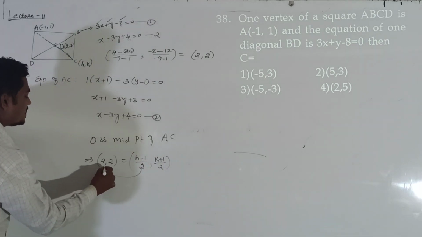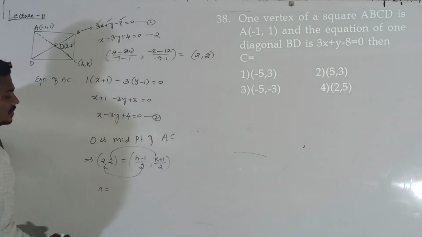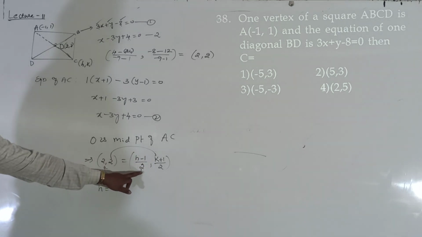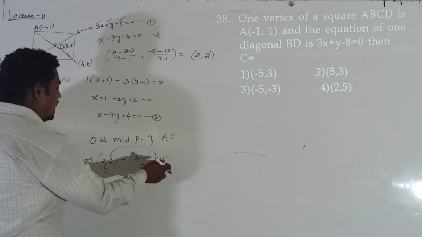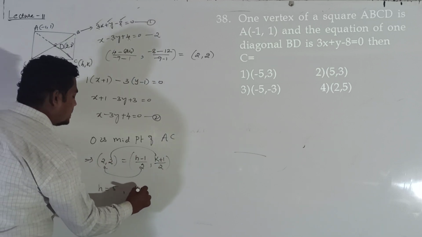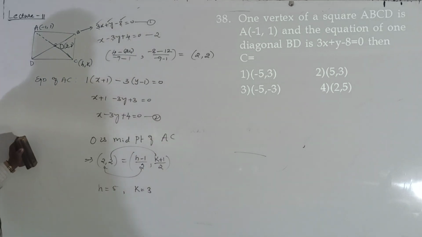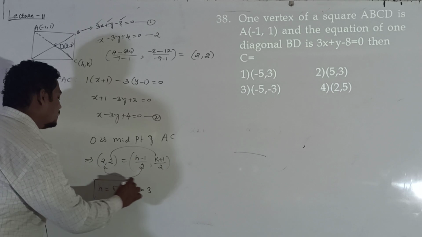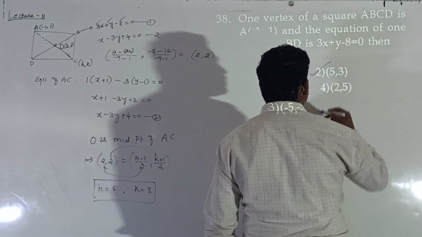Just equating corresponding coordinates, h minus 1 divided by 2 is equal to 2, just cross multiplication and simplification, then h equal to 5. Then k is equal to, just cross multiplication, 4 minus 1 is 3, that is 5 comma 3. Vertex C is 5 comma 3, that is the second option.